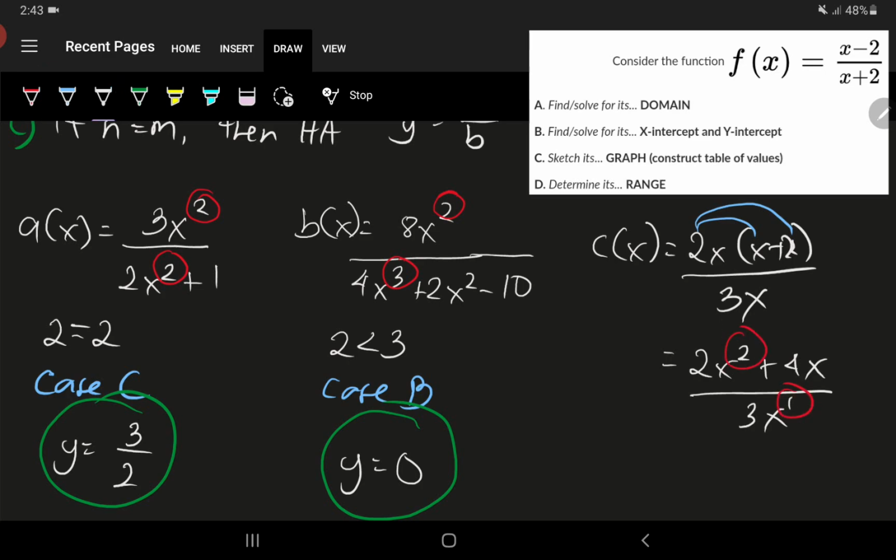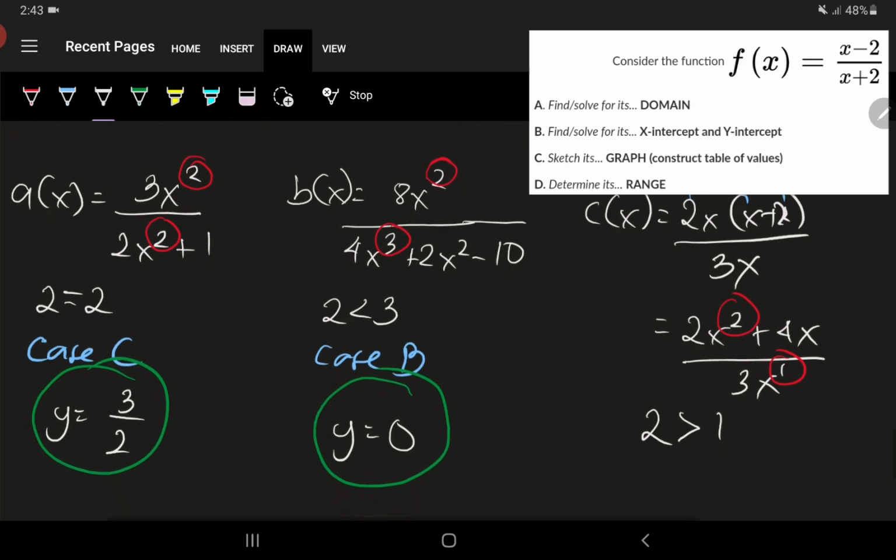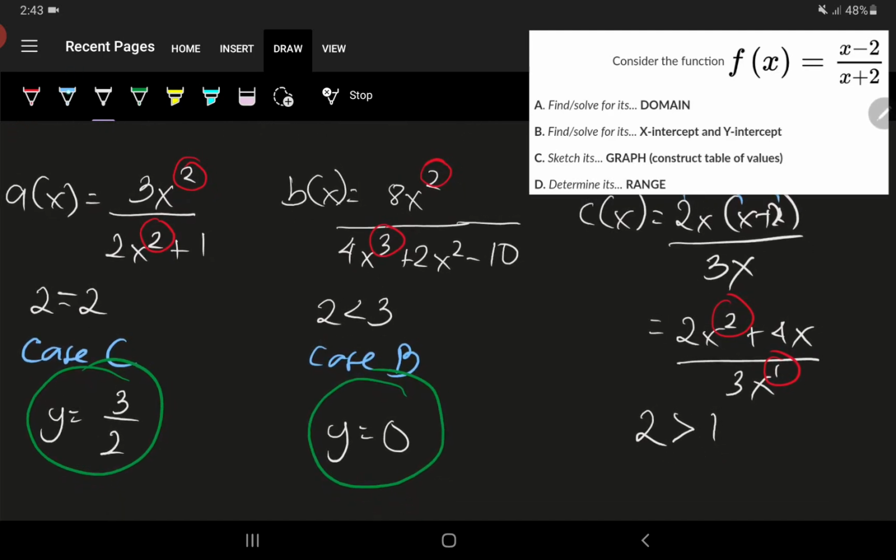Obviously the numerator is greater than the denominator, which is our case letter A. If we have case letter A, automatically the horizontal asymptote does not exist. So the answer is none.